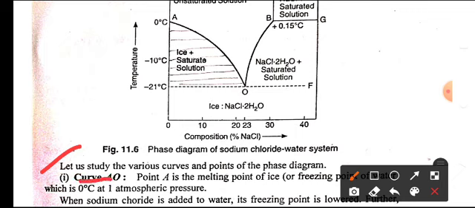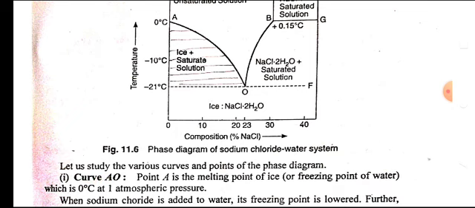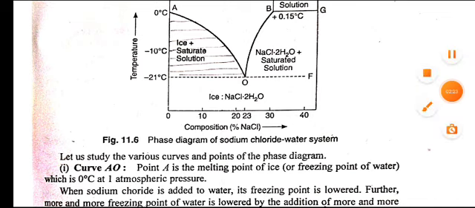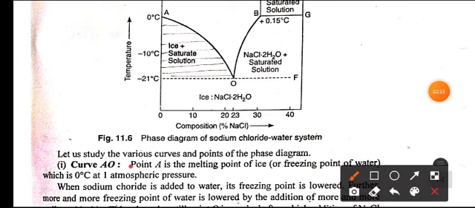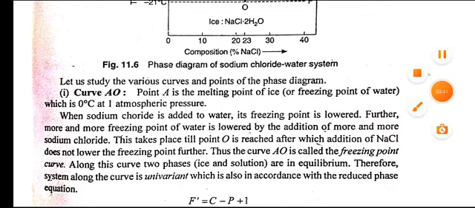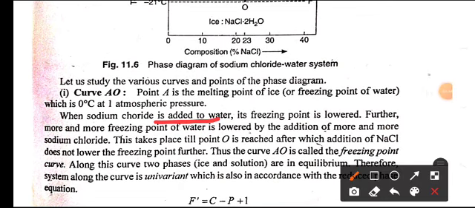First one is curve AO. Here the point A is the melting point of ice or freezing point of water, which is 0 degree centigrade at 1 atmospheric pressure. When sodium chloride is added to water, its freezing point is lowered.